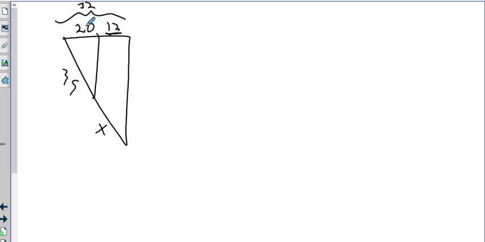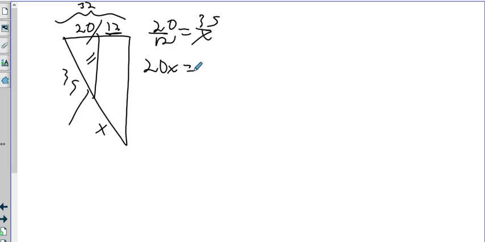And then you have that equals that. So 20 over 12 equals 35 over x. So you get 20x equals 35 times 12, which is 420, and then just divide by 20, and x equals 21. That's it for that.